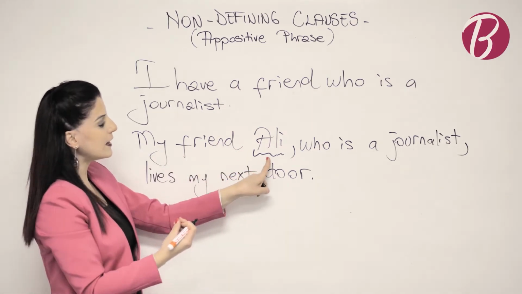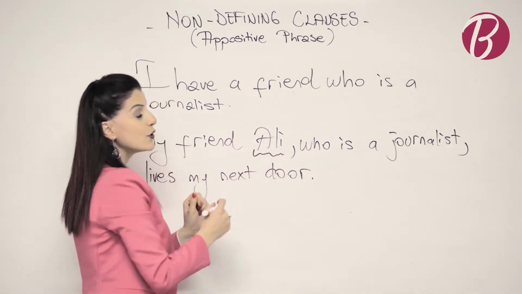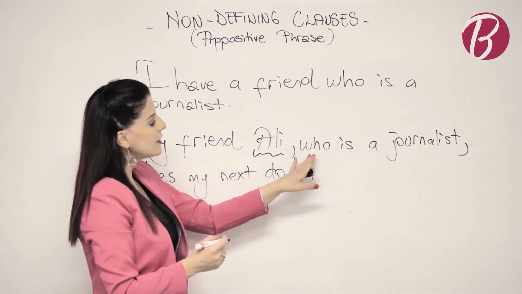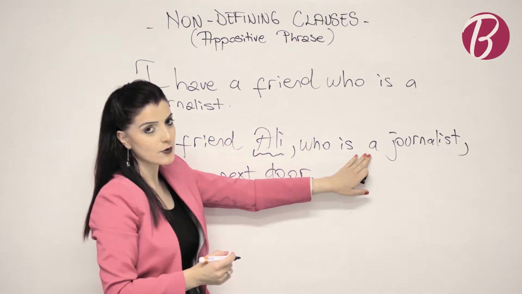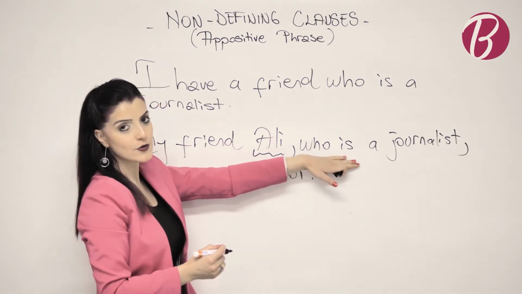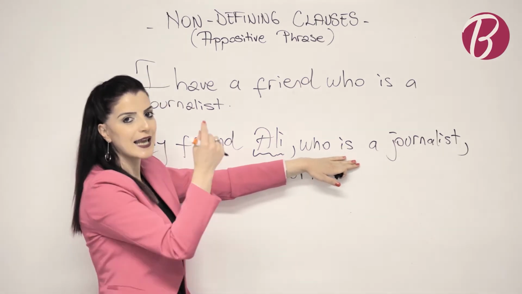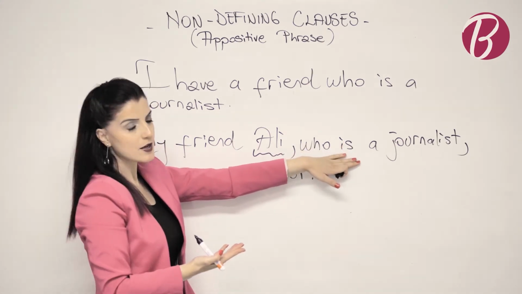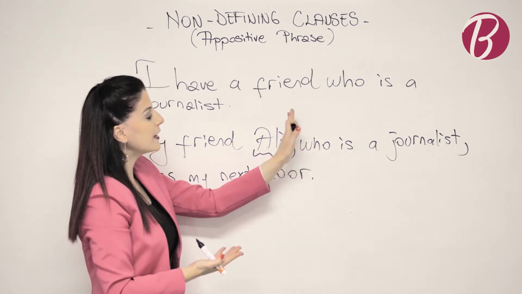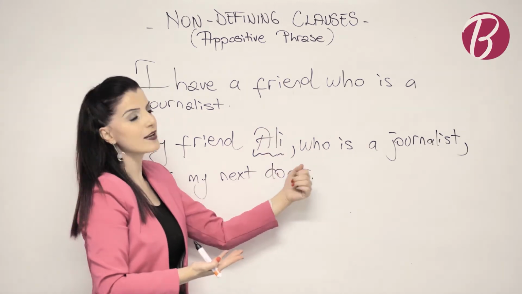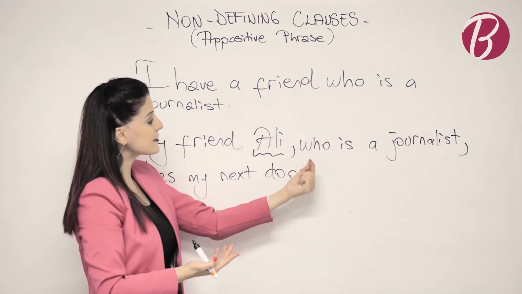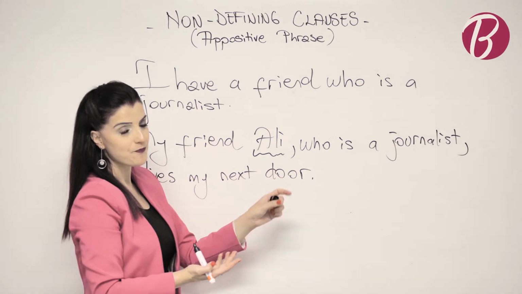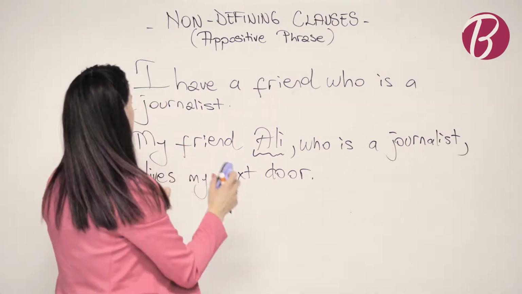So my friend Ali, after Ali, you should put a comma in order to make a relative clause. But this relative clause shouldn't be a defining clause. It should be a non-defining clause, because you are not defining him. You are just giving extra information about this guy. Let's see with another example.